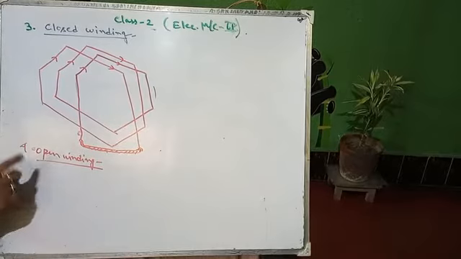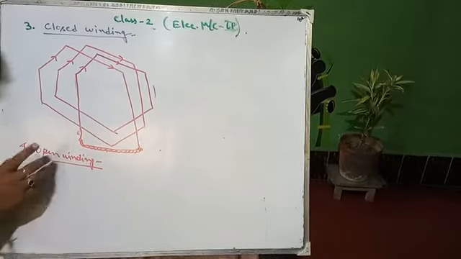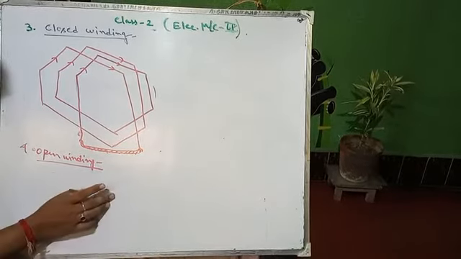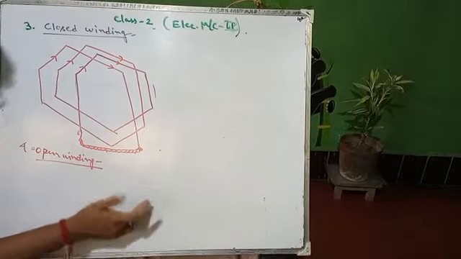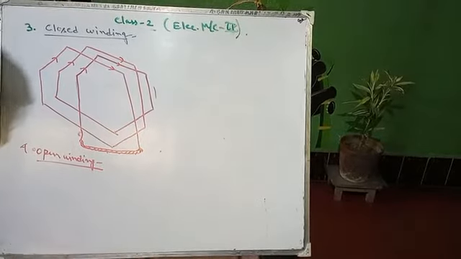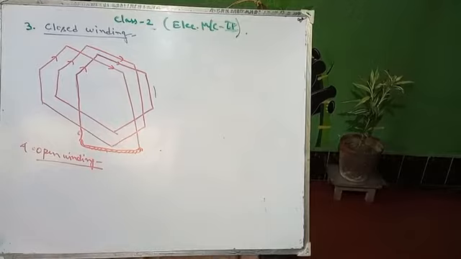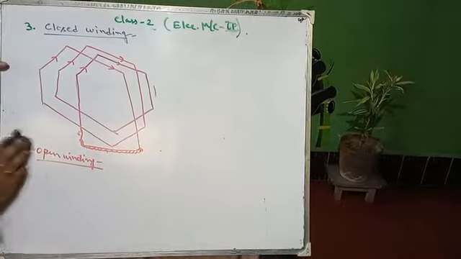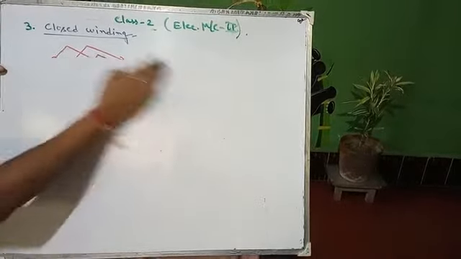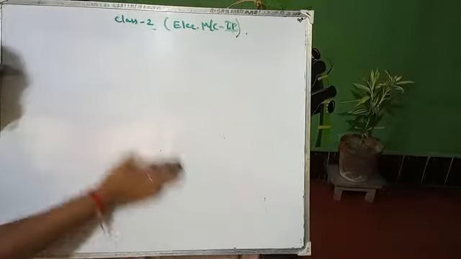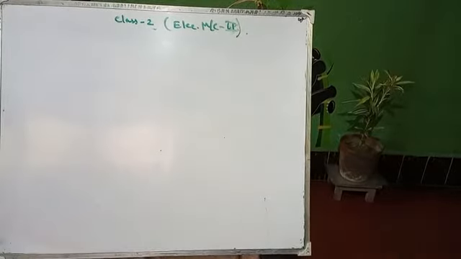Second point, it is used only for AC machines like synchronous machines and induction machines. So these are the examples for open winding and closed winding. It is not that important for all of you, just understand it as it is in the syllabus.